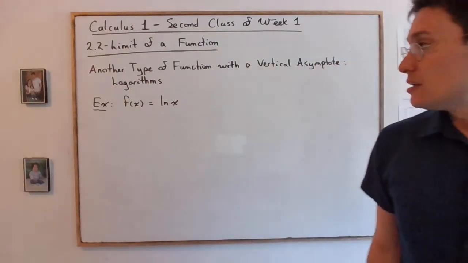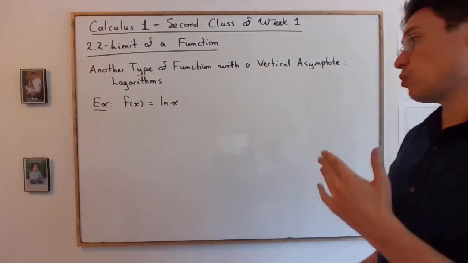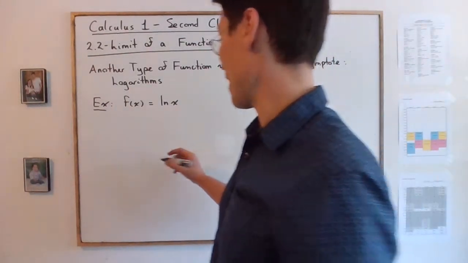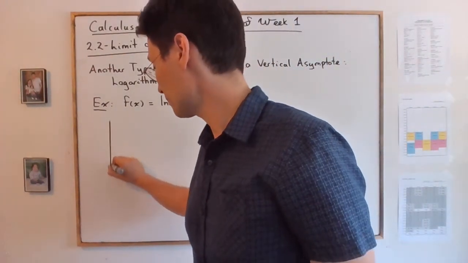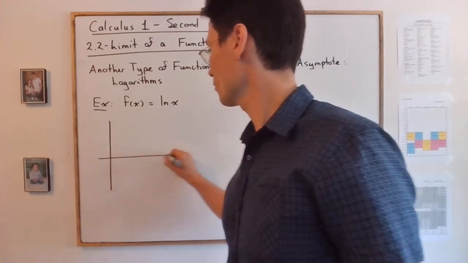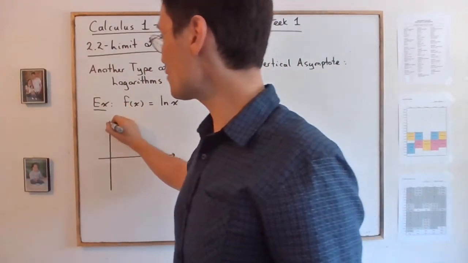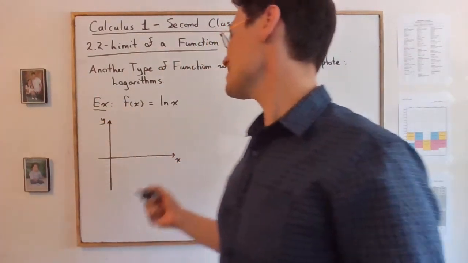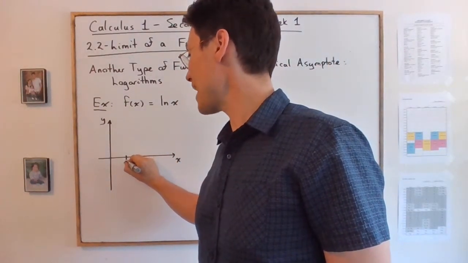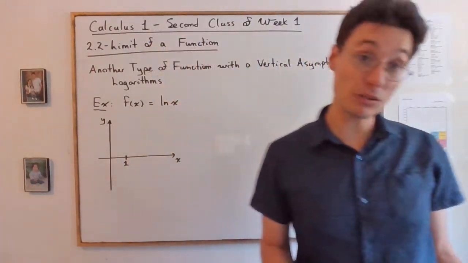Okay? So let's sketch its graph. What I'm expecting you to remember is that ln of 1 is equal to 0.